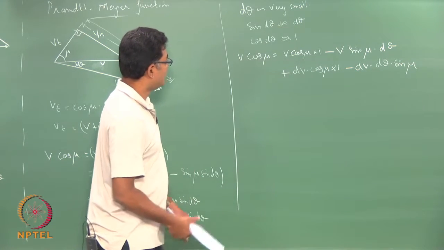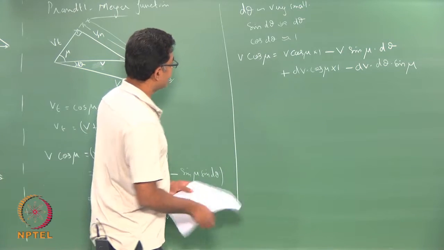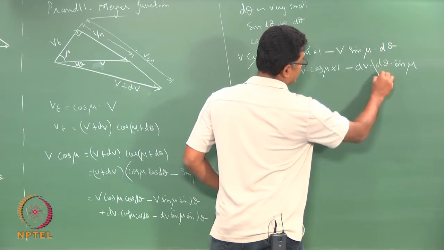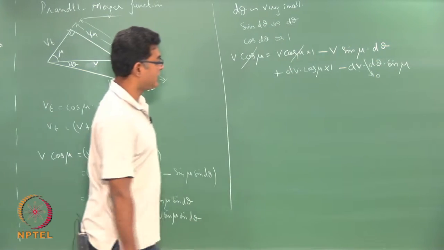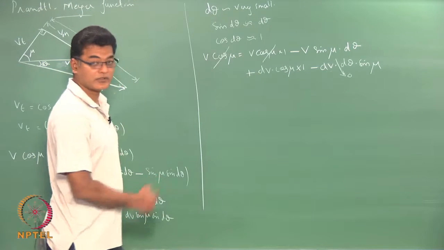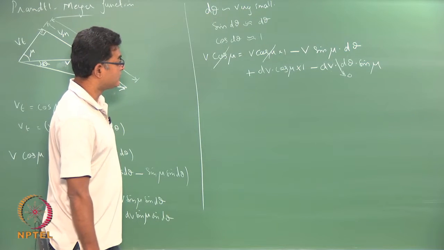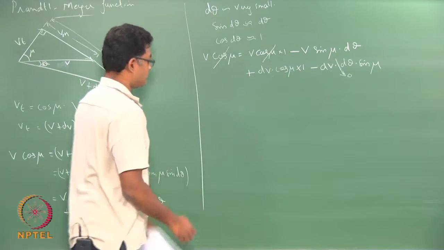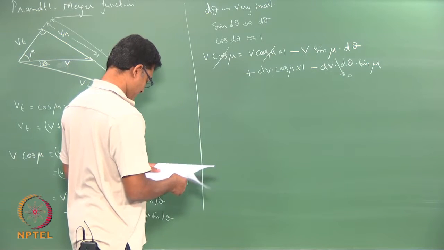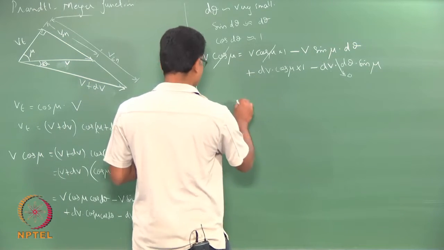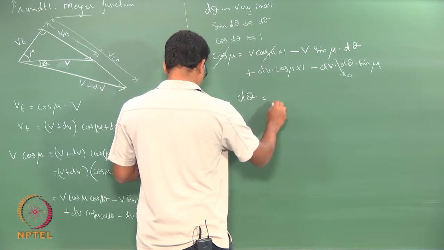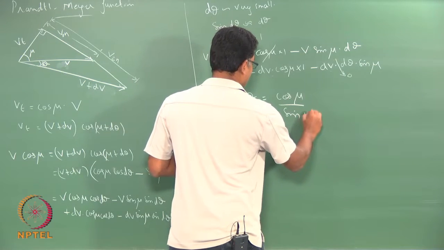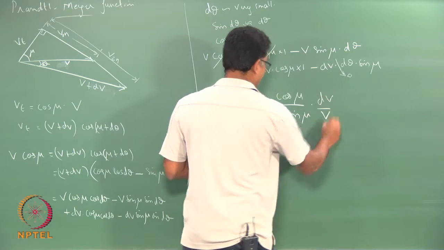Okay. So, I can cancel these two quantities, and dv into d theta approaches 0 because both dv and d theta are small quantities, so the multiplication of that would go to 0. So, we are left with these two quantities, and you would end up with this particular relation: d theta equals cos mu by sin mu into dv by v.